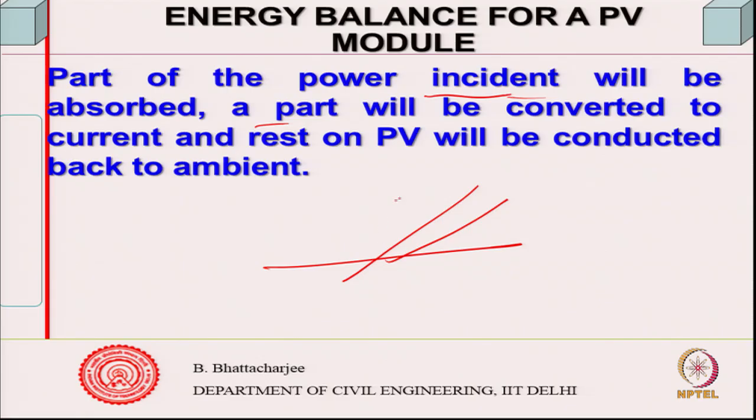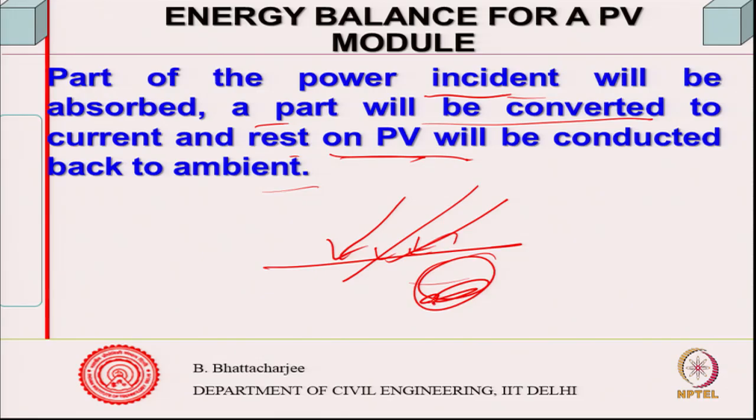Whatever comes in onto your panel, let us say a horizontal panel for simplicity, part of the radiation will be absorbed by it, some part will be converted to current and the rest will be conducted back to the ambient, because this will get heated up. So, there will be some amount of radiation back.